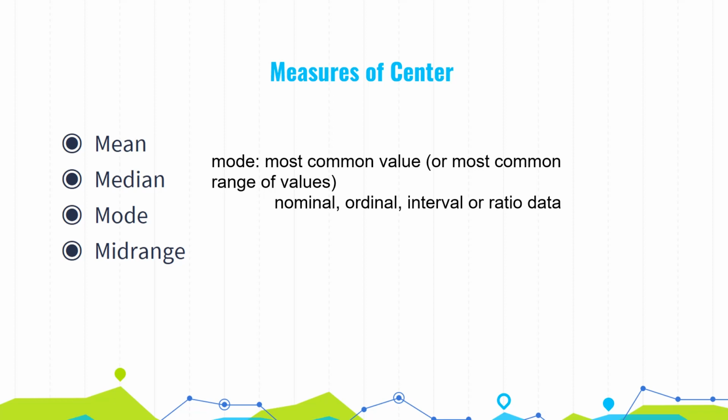But for ratio and interval, you could talk about the mode, perhaps. But if no value occurs more than once, then the mode is really meaningless. Maybe a mode on a histogram could be meaningful. You could say which bar is the highest, but then you're talking about which bin, a little range of values. Which of those is the most common? So mode is most common.